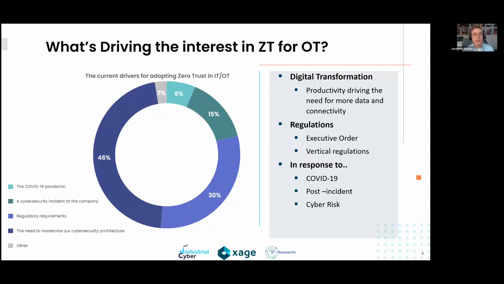We wanted to understand why the interest in zero trust is coming to the fore at the moment. You can see the top responses here are very much around modernization, the need to modernize. And I guess the way we make sense of this is it's also modernization in terms of keeping pace with developments in the threat landscape as that continues to evolve all the time, right?